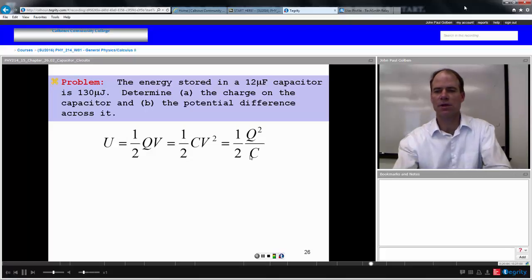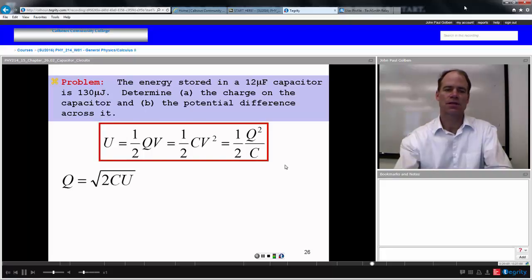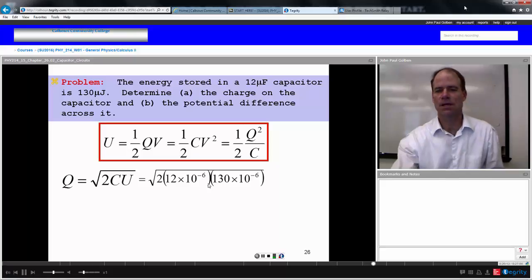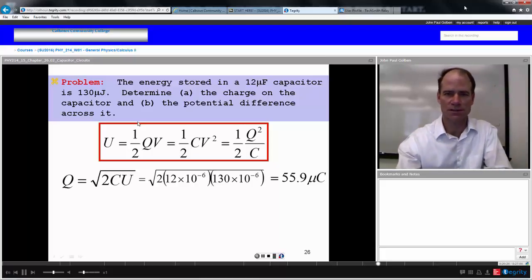Rearrange this, multiply both sides by 2C, and take the square root. So Q will equal the square root of 2C times the energy U. 2 times 12 microfarads times 130 microjoules. The micros, 10 to the minus 6, actually will come out of the square root. And we'll have 55.9 microcoulombs for the charge.